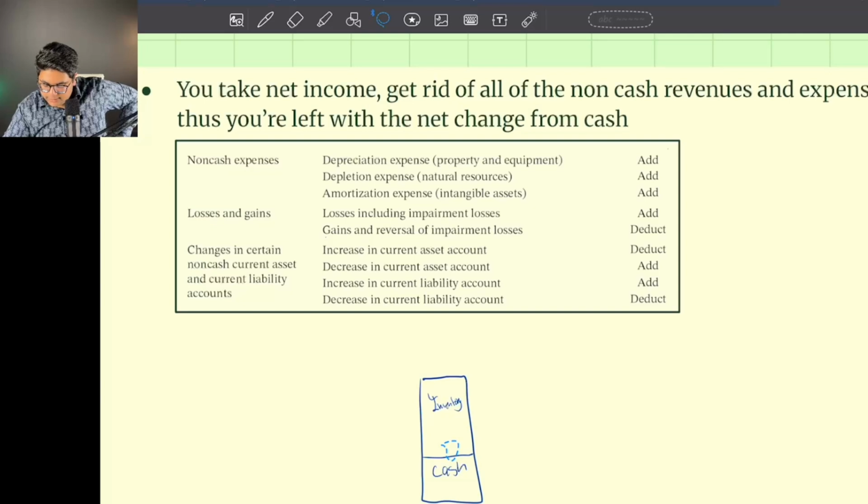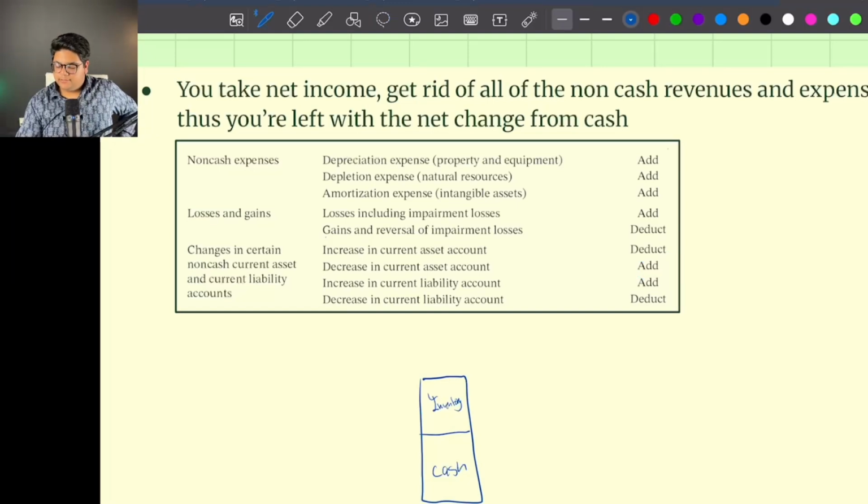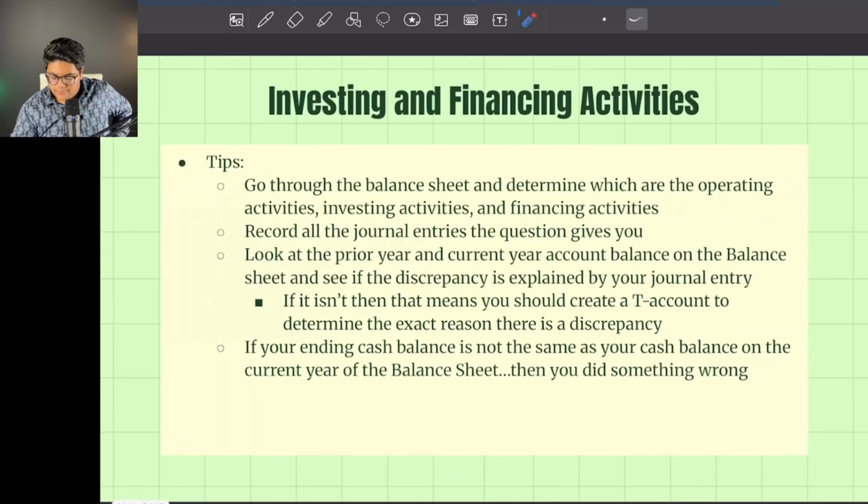So therefore, it's a deduction, right? Versus when you decrease inventory, you increase cash. So therefore, there's an addition of cash. That's how I like to think of it. If you can't understand the concept of it, I would strongly recommend just memorizing this and going through a couple examples using this model. This will allow you to understand it way better.